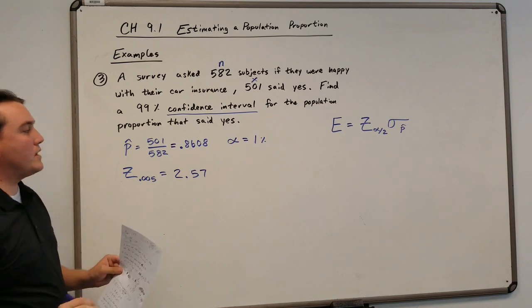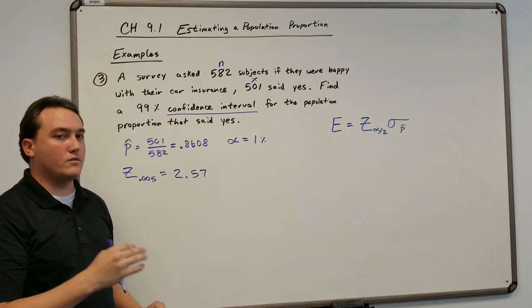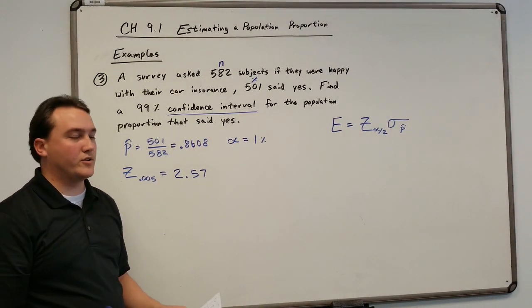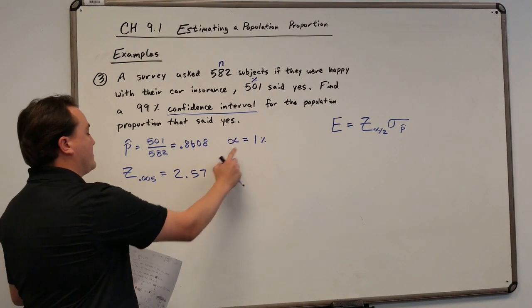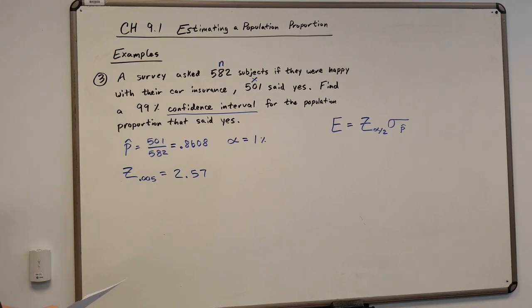When you're doing these problems, make sure you read the number of decimal places they want before you actually do the problem, because that'll tell you how many you have to carry throughout the problem. Okay? So our alpha gave us this 0.005, then you look it up on the table. Then we can plug in our numbers.